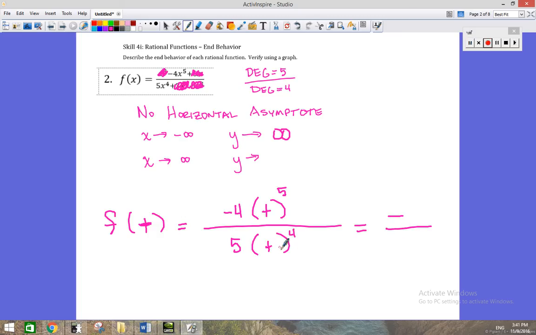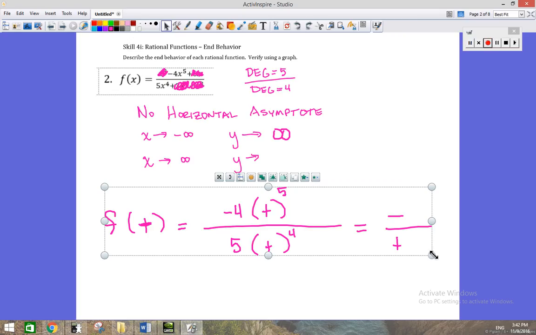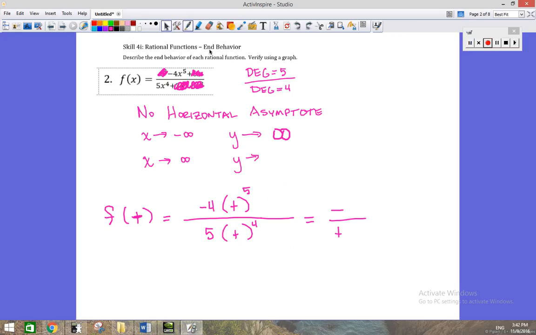Well, a positive base raised to any exponent is going to be positive. But when we have a negative numerator divided by a positive denominator, the final answer is going to be negative. So we know that as x is approaching positive infinity, as you're going to the right, you also must be going down in this graph. So here's our end behavior for this graph.